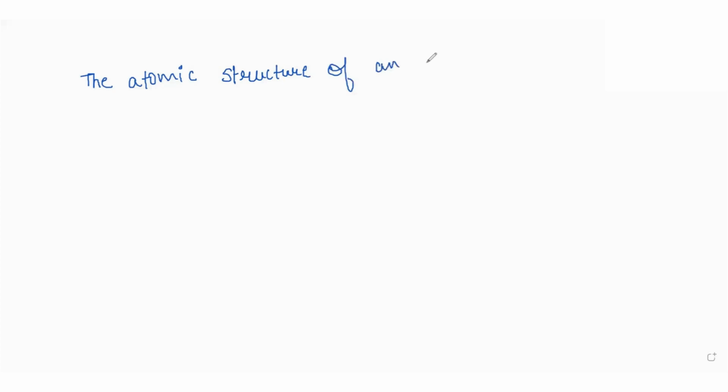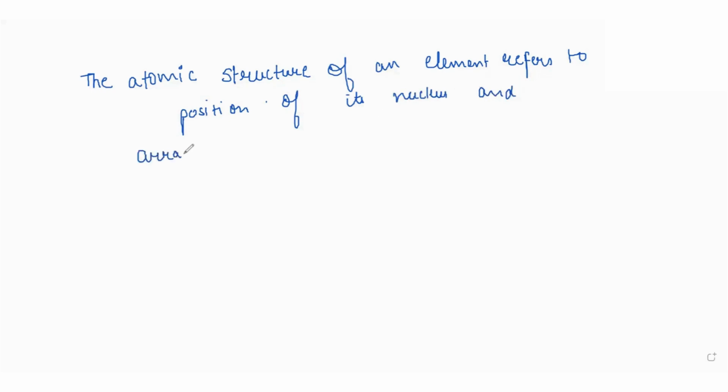So we can say that the atomic structure of an element refers to the constitution of its nucleus, or the position, to find an easy word, of the nucleus and the arrangement of electrons around it. How the electrons are being arranged around it.